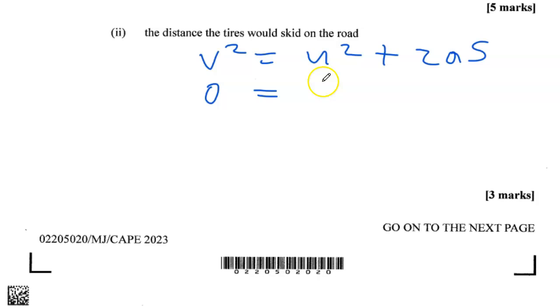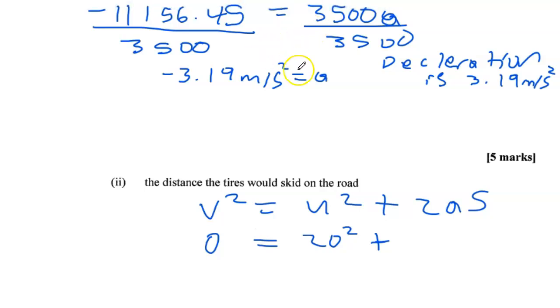So u square is 20 square, plus 2 times a, and we've just found a to be negative 3.19, so plus 2 times negative 3.19 times the distance s.